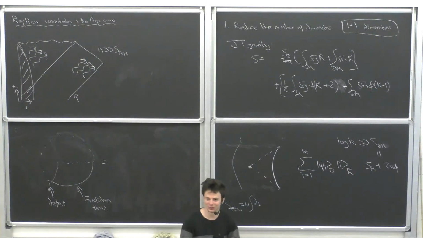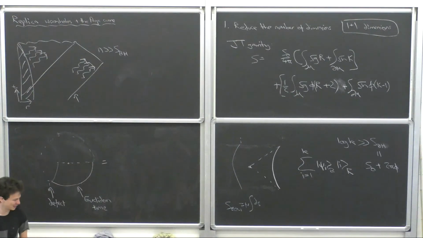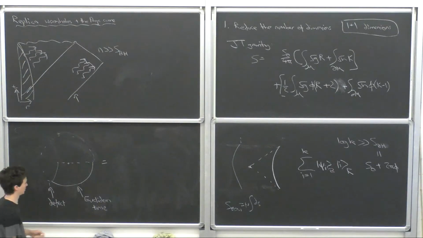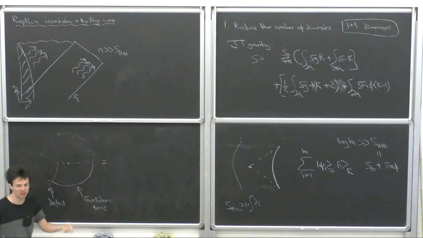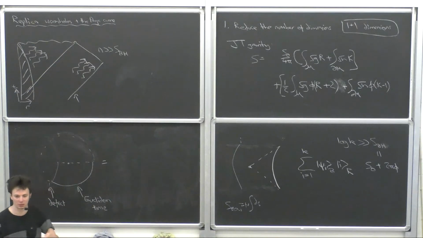I can't draw complex geometries for the life of me. I'm not sure anyone can. That's going to make it much easier to diagrammatically draw things. But in general, for realistic things, you want to have Lorentzian time evolution that's going to make the black hole evaporate, and then you're going to have some complex geometry. But the general arguments will still go through.